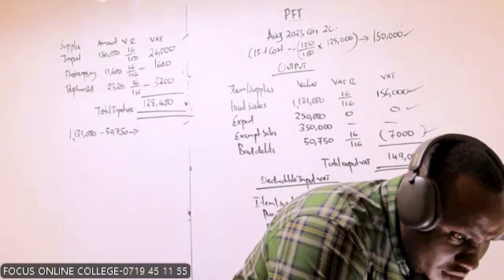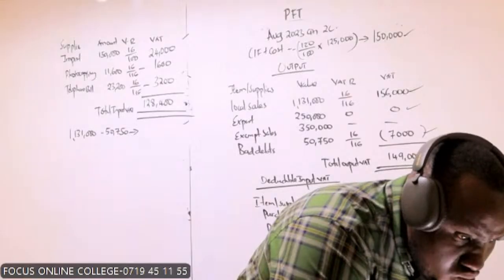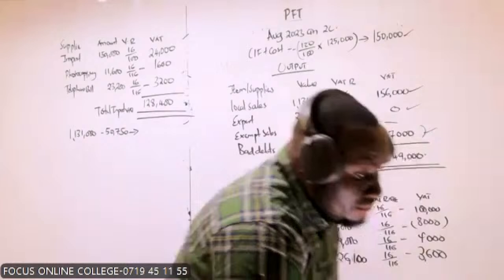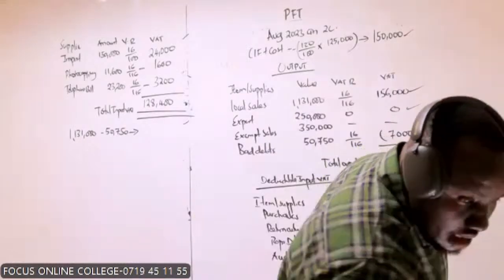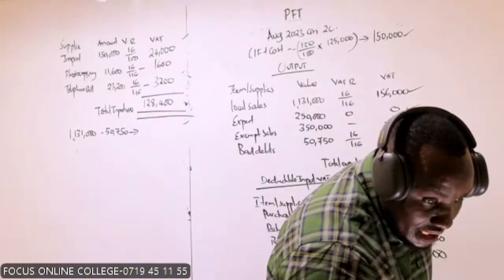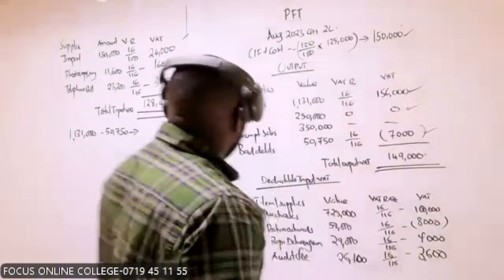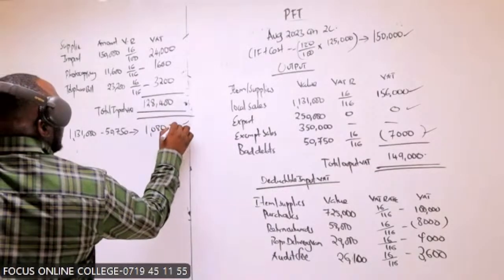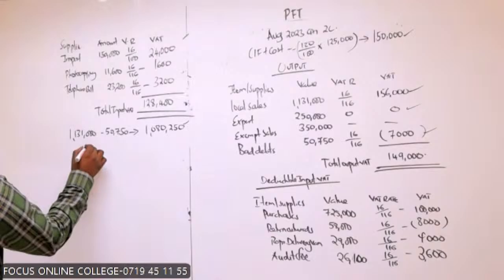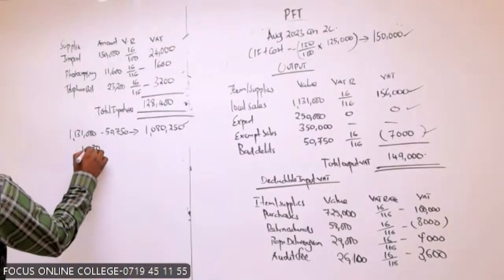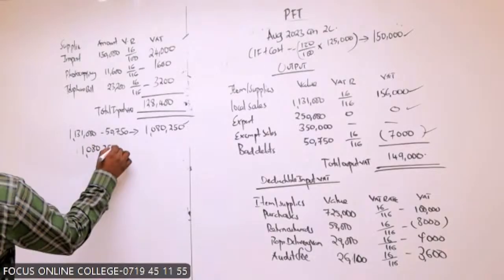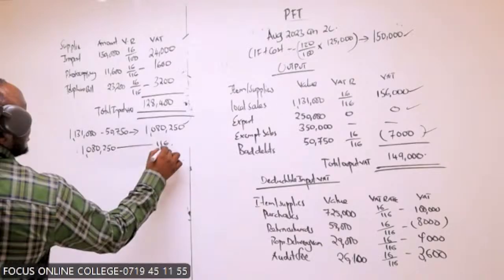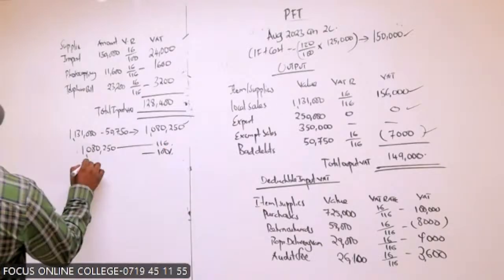That's 1 million. Is it that? So 1,080,250. This figure, 1,080,250, is inclusive. That is 116. What is the figure exclusive? That's 100. So 100 is going to be 100 over 116.